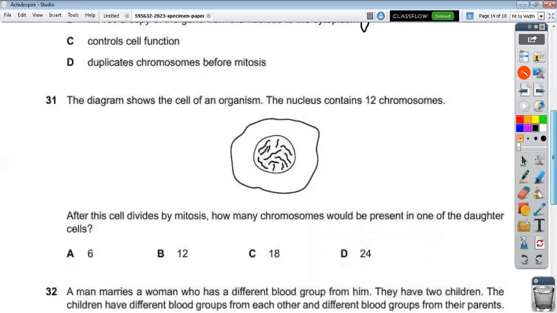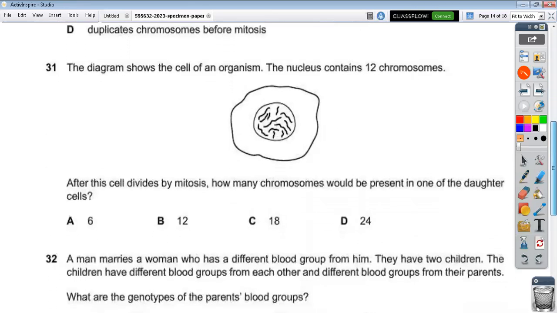Now, the diagram shows you the cell of an organism. The nucleus contains 24 chromosomes. After cell division by mitosis, how many chromosomes would be present in one of the daughter cells? What's the keyword? Mitosis.